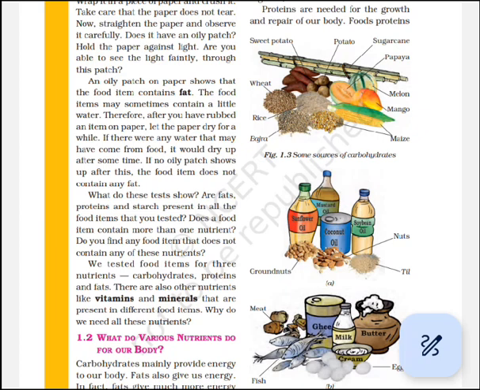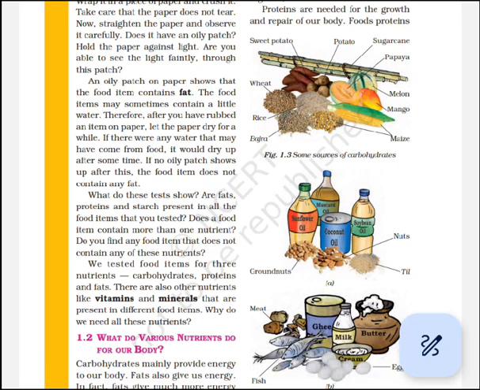An oily patch on paper shows that the food item contains fat. The food items may sometimes contain a little water. Therefore, after you have rubbed an item on paper, let the paper dry for a while. If there were any water that may have come from food, it would dry up after some time. If no oily patch shows up after this, the food item does not contain any fat.